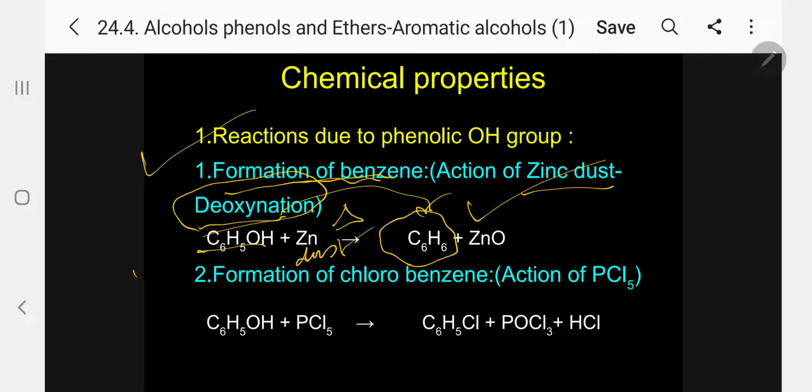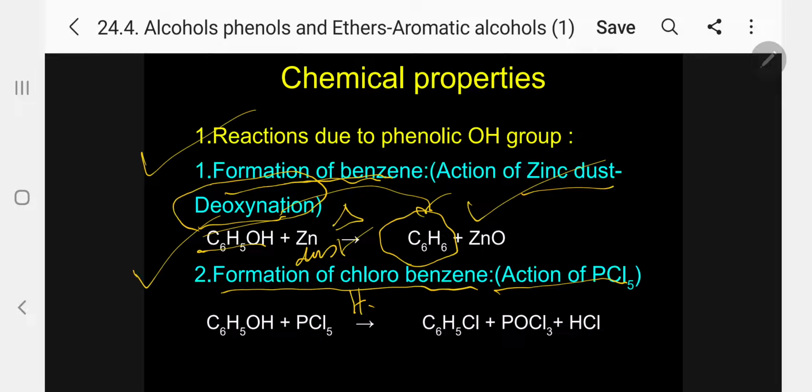The second one: formation of chlorobenzene, action of PCl5. It is a nucleophilic substitution. Kindly follow. I have already discussed that nucleophilic substitution is important only in aliphatic compounds, but in the case of aromatic compounds, it takes place only under drastic conditions, high temperature and high pressure.